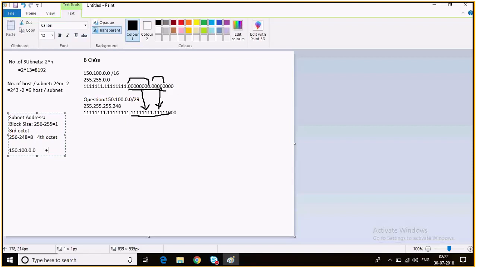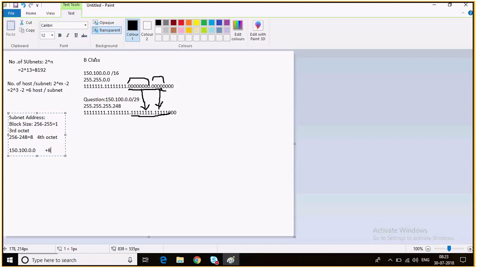I don't have to add the third octet immediately. If I have two block sizes, I'll use the block size obtained from the fourth octet first, and then see how to use the block size I got from the third octet.